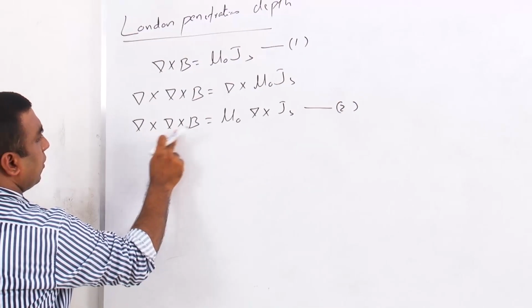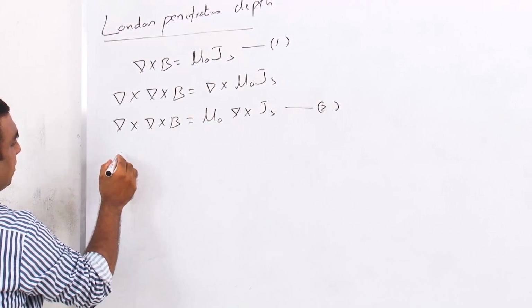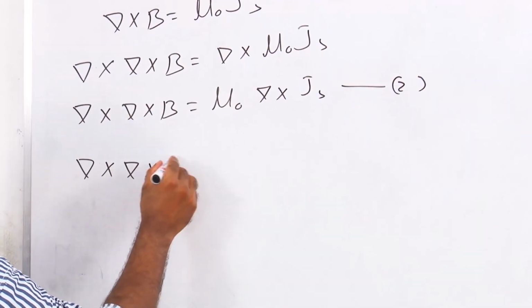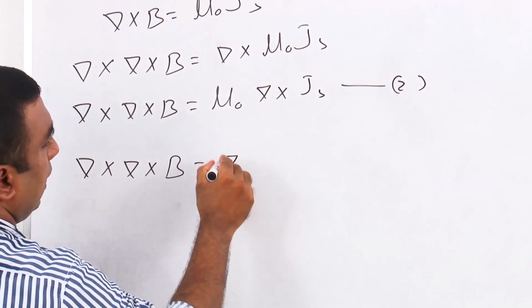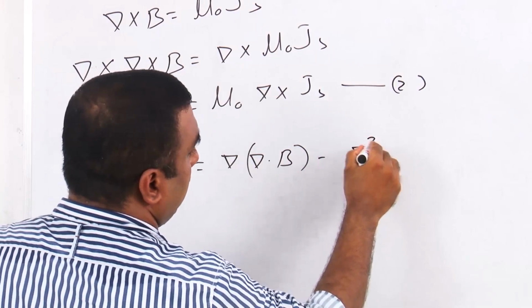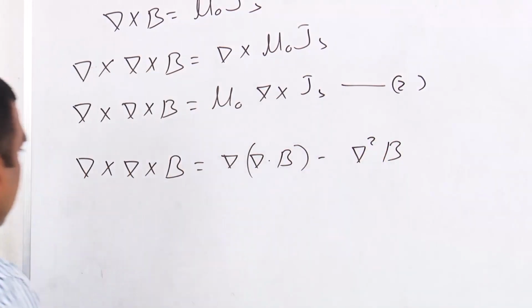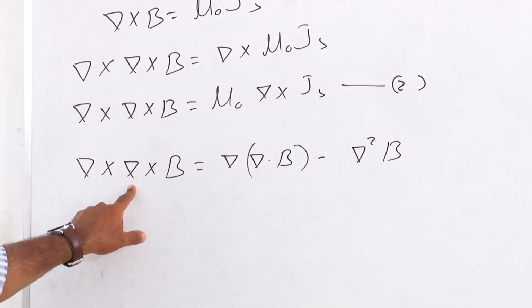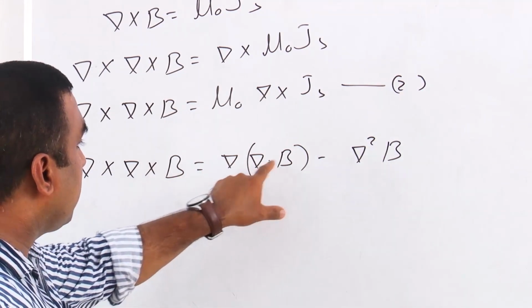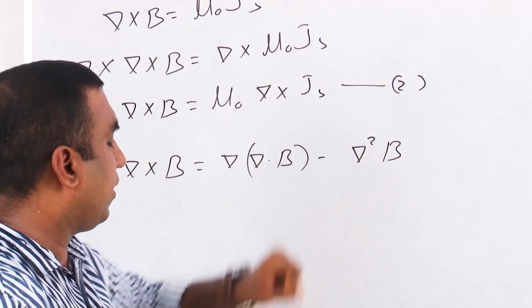Del cross del cross B is the familiar vector identity. This del cross del cross B is equal to del into del dot B minus del square B. The curl of the curl of a vector field is equal to the gradient of divergence of the vector field minus del square of the vector field.